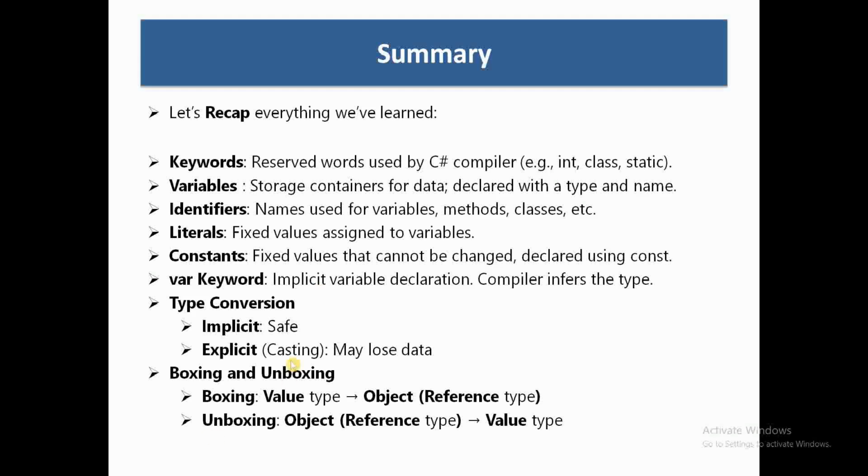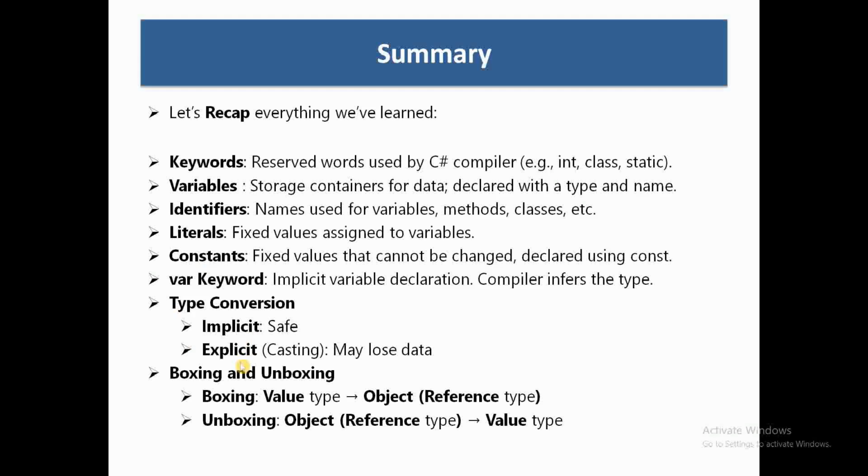Next one is type conversion. Here are two type conversions, like typecasting: implicit conversion and explicit conversion. Implicit means we are putting an integer value into a float value directly. That is implicit. It is safe and it will not remove any value. But not in the case of explicit.